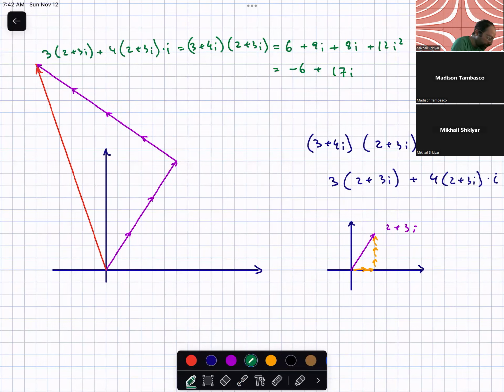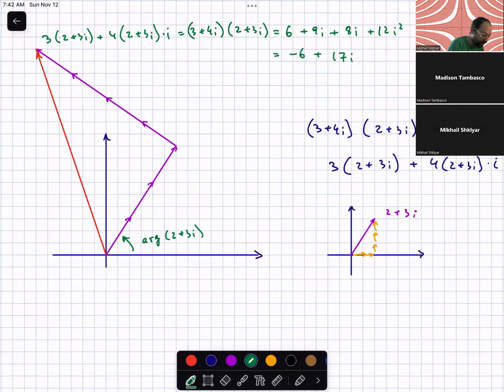But let's see. So this over here, this angle, this is the argument of 2 plus 3i. Am I wrong? No, I am wrong. Yeah, no, I'm right. Or am I wrong? Oh, whoops. I drew a wrong thing here. My mistake.